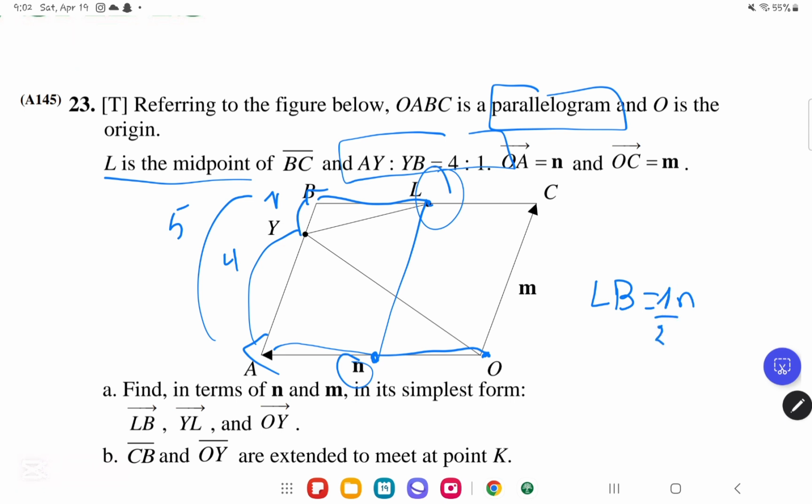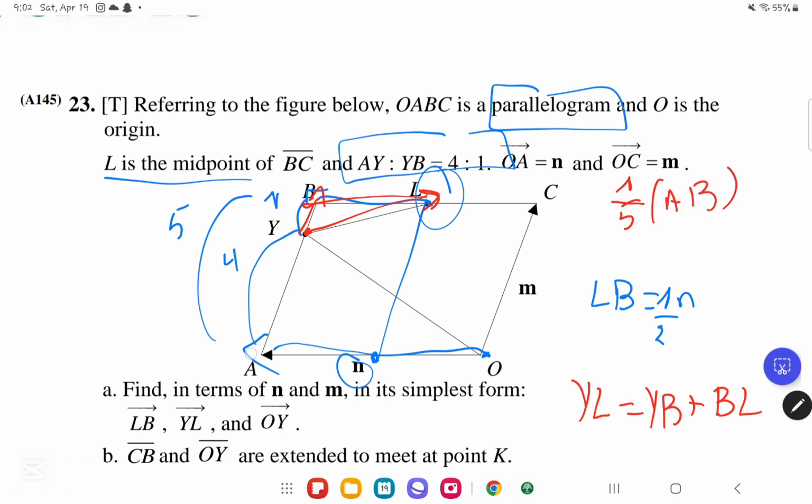The next thing we have is YL. What is the value of YL? You can find it by doing YB plus BL. To find the value of YB, very simply, it is 1/5 of the value of AB. And AB, as you can see, is parallel and going in the same direction as OC.